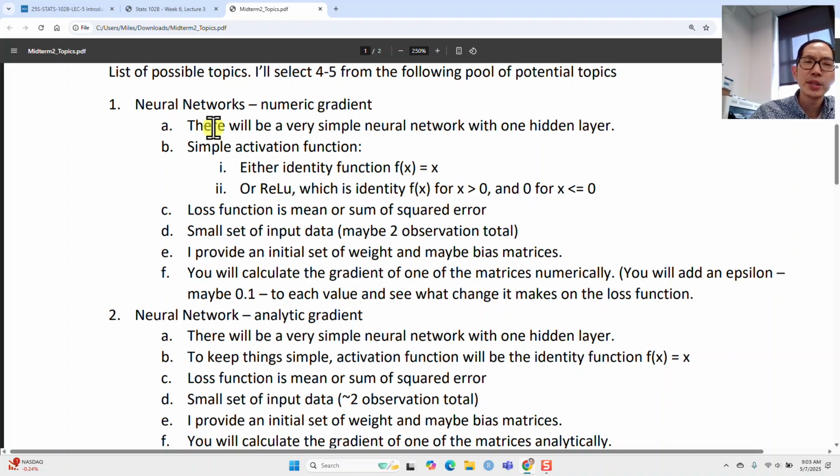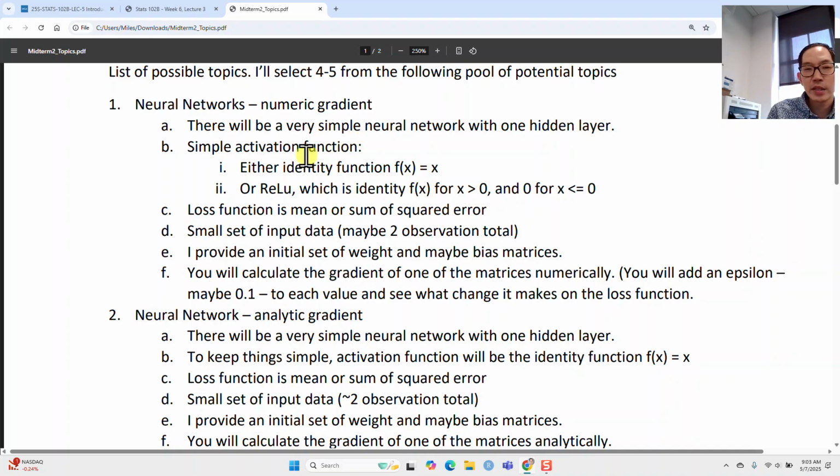For this problem, I will provide you a very simple neural network with one hidden layer. So you'll have an input layer, hidden layer, and output layer, with no more than 3 nodes in any one layer, probably around two nodes, just to keep our calculations simple.